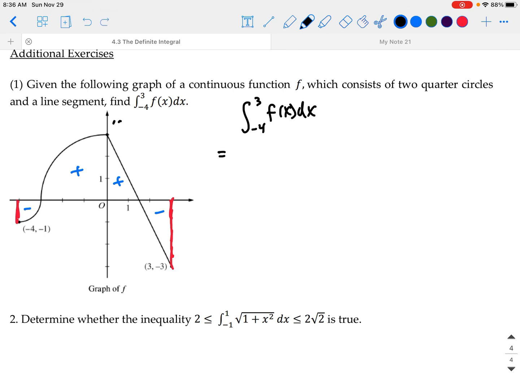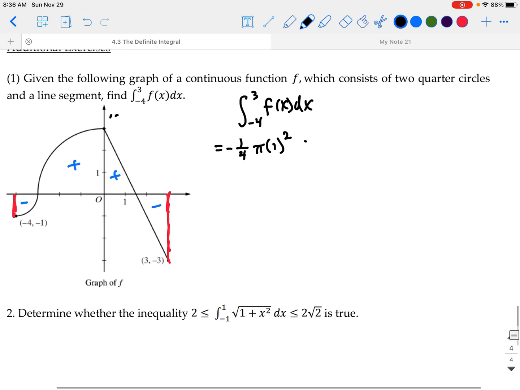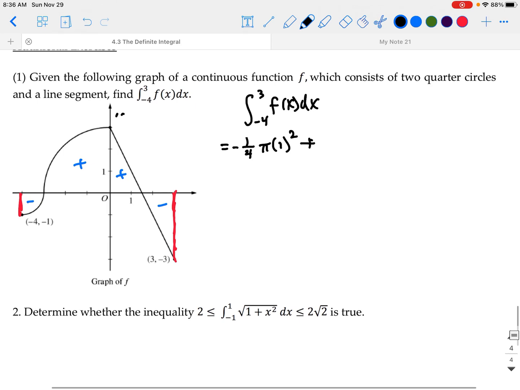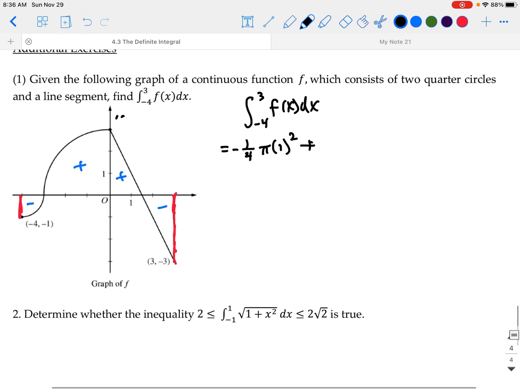So we can see the radius of our quarter circle is 1. So we're going to get 1/4 times pi r squared, which in this case is just 1 squared. But it is below the axis, so we'll add a negative sign to that area. So we're going to get -pi/4 plus, and then the area of the second quarter circle is going to be radius 3.